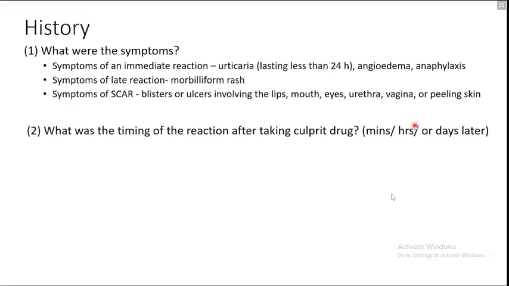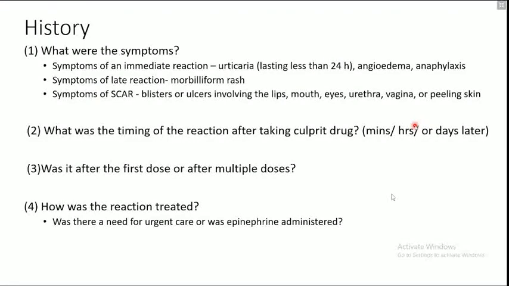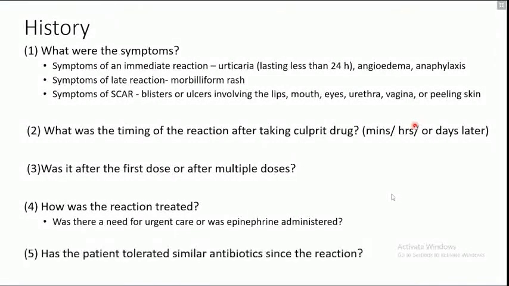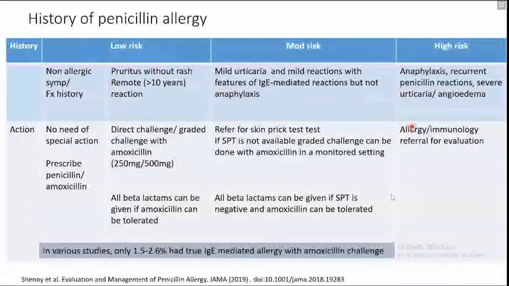Within minutes, within hours or days, right? And then was it with the first dose or after multiple doses? And how was the reaction treated earlier? Was the patient given epinephrine or adrenaline, right? And has the patient tolerated similar antibiotics since the reaction? So those are the things that you want to ask in the history to confirm that this is a true allergic reaction, right?